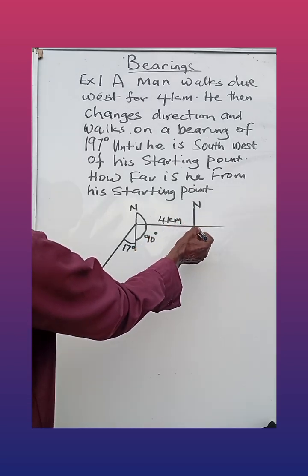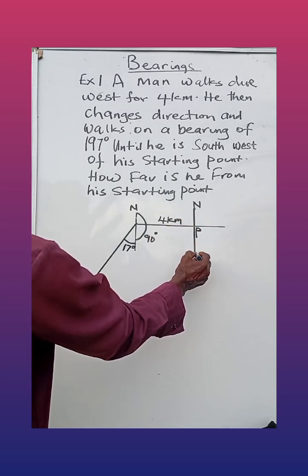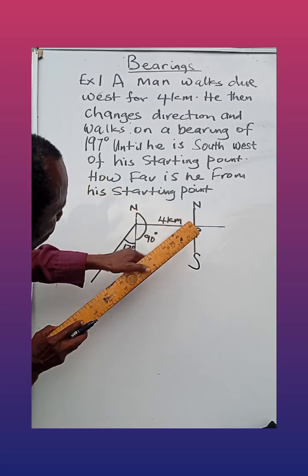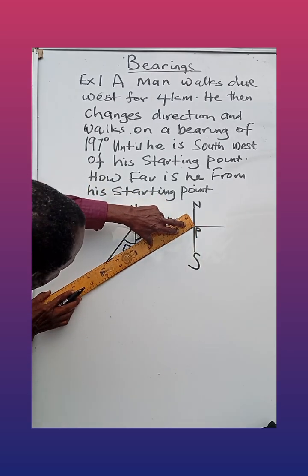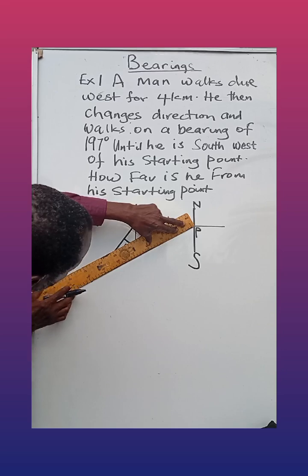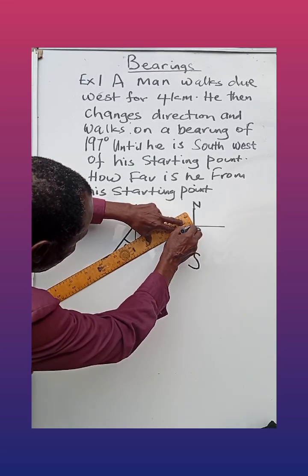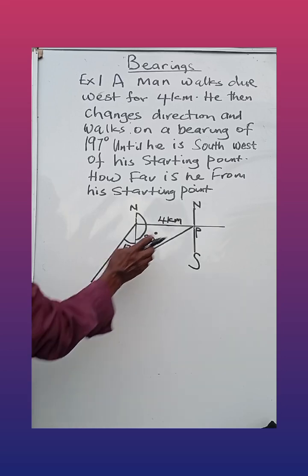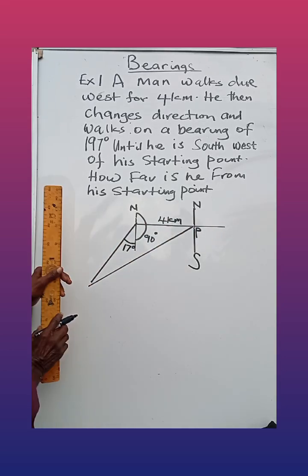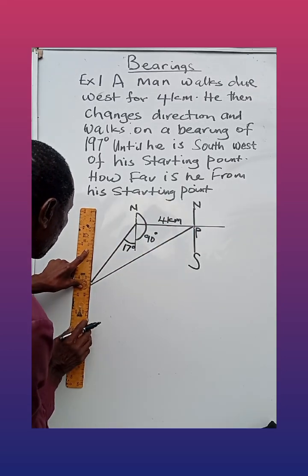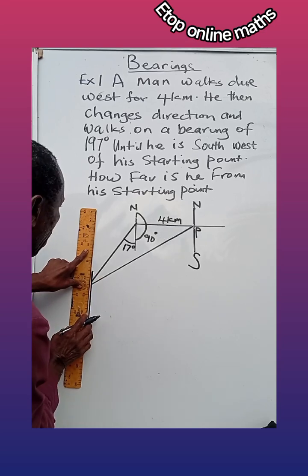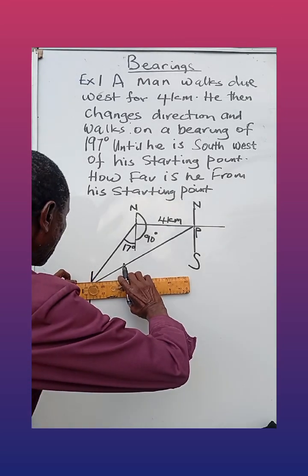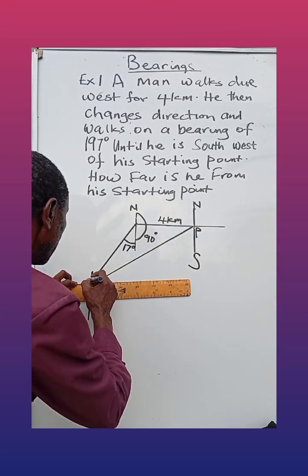Until he is southwest of his starting point. This is where he started, and this is south. When I join this to where he's standing right now, where he's standing is southwest of his starting point. The man is standing somewhere here. I also take my cardinal point from there.